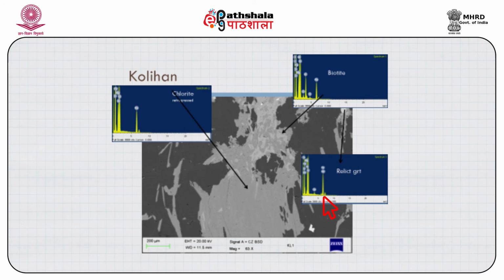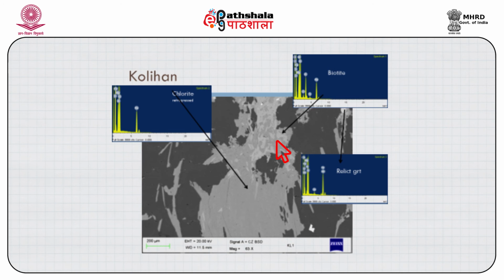This figure is from the Khetri mine, and in the center we see chlorite, which is reflected by the presence of iron, magnesium, silicon and aluminum. Biotite is a left-over phase indicating that the chlorite formed by the alteration of biotite, and the characteristic spectra of biotite include, besides iron and magnesium, potassium also, signifying that it is distinctly different, as well as it has a different backscatter signature, in that it is brighter than chlorite.